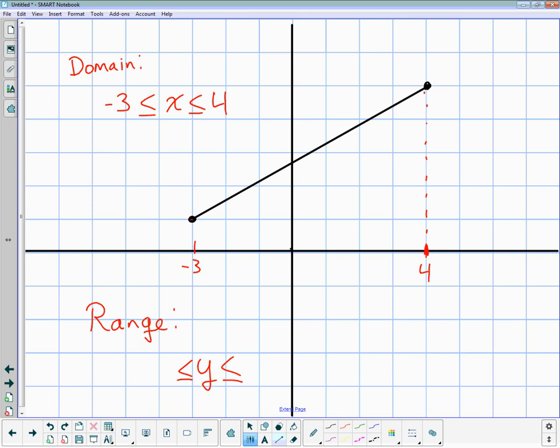Okay? So what is my minimum y value? What is my maximum y value? One, two, three, four, five. So that is your range. Your domain goes from the maximum to the minimum.